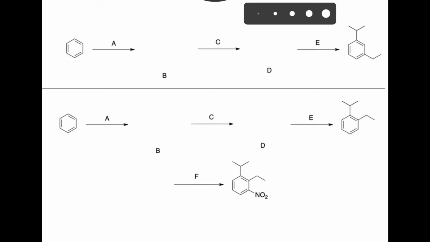In number 5 here, we kind of have the same problem that we had in the last one, where both groups I have on the ring direct ortho-para, right? We need a ketone because that's the best way to put a CH2 onto your ring, for it to have been a ketone at an earlier point in its life.